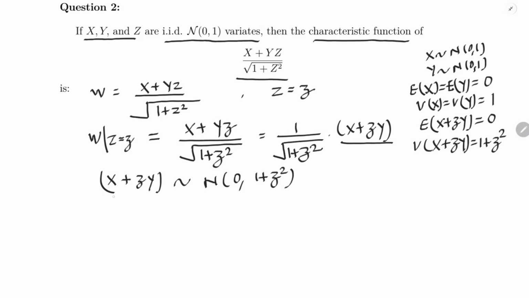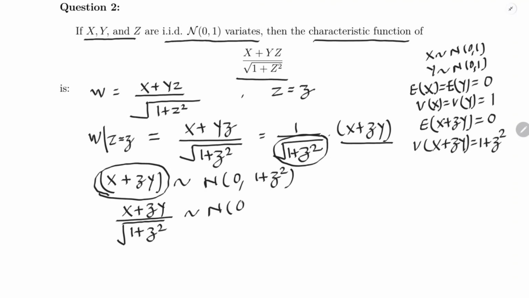Now if we divide this variable by square root of 1 plus z squared, then we will get a normal distribution again. Let's divide it: X plus zY upon square root of 1 plus z squared. This will follow a normal distribution with mean 0 and variance (1 plus z squared) divided by the square of this quantity, which comes into the division.